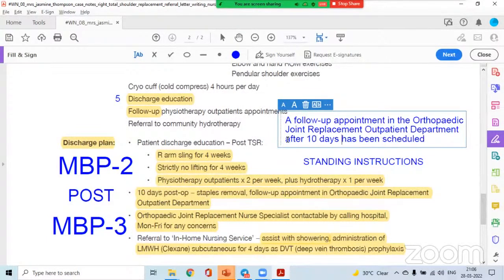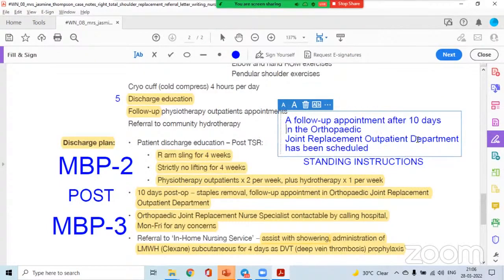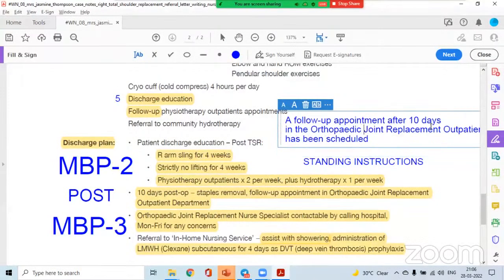So this "after 10 days", we can remove from here and put it here: a follow-up appointment after 10 days. Okay. A follow-up appointment after 10 days in the orthopedic joint replacement outpatient department has been scheduled.